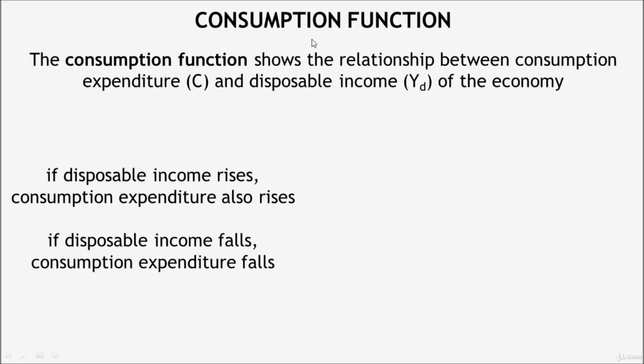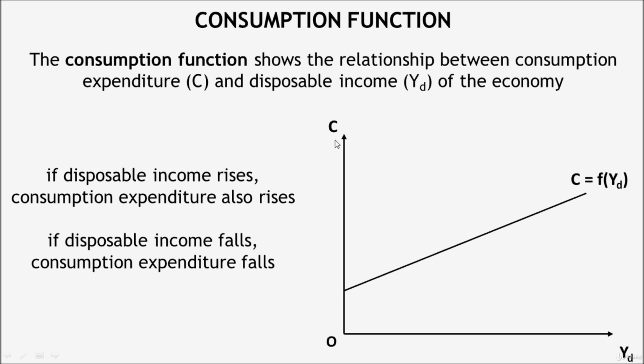We can show consumption function using figure. In figure, disposable income is measured along the horizontal axis and consumption expenditure is measured along the vertical axis. This is our desired consumption function. At point A, disposable income is YD1 and consumption expenditure is C1.